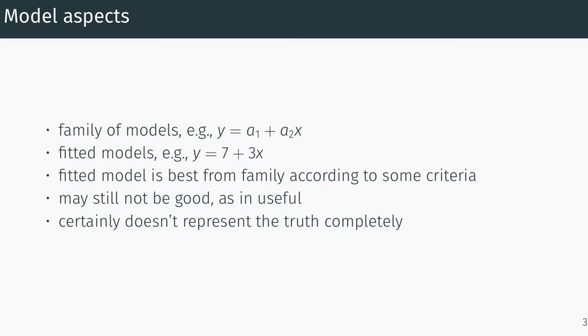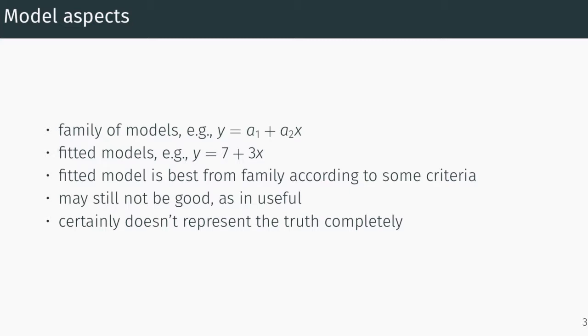Then within that family of models, our goal is to find a fitted model. For example, y equals 7 plus 3x. This fitted model has coefficients that represent the best that we could find from the family according to some criteria, such as least squares or whatever criteria we're using.